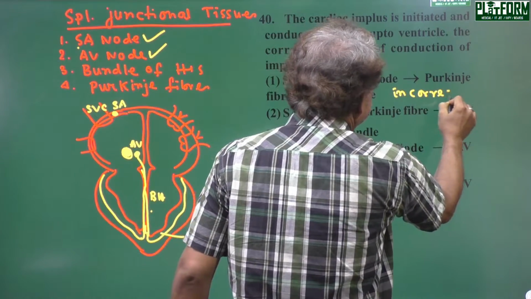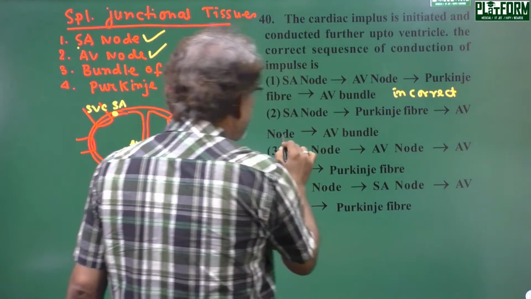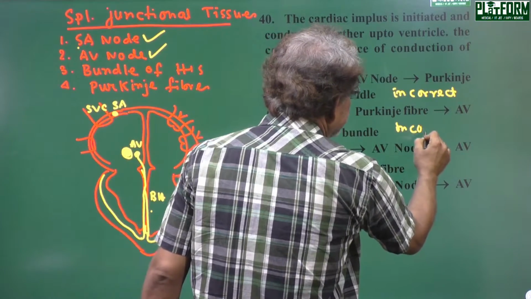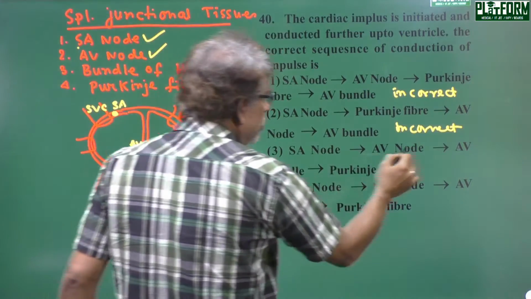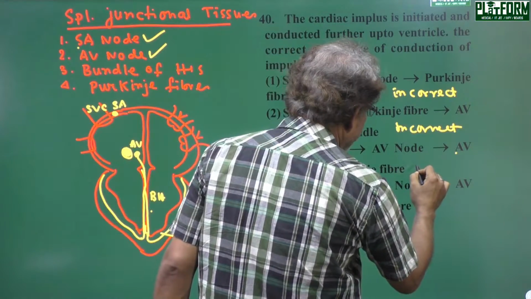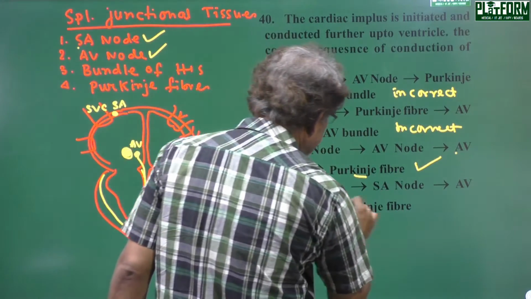Incorrect. SA node, Purkinje fiber, AV bundle, AV node, AV bundle or bundle of His. Incorrect. SA node, AV node, AV bundle means bundle of His, and Purkinje fiber. AV node, SA node, it is incorrect.